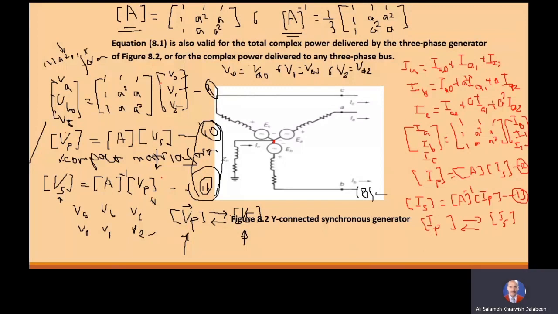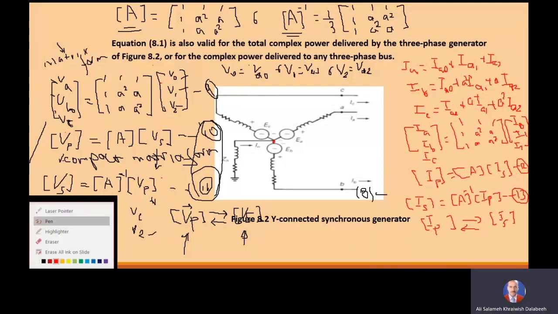This is an important note that I want to explain. So, as a summary in this lecture, we explain how to convert the phase quantities to sequence quantities and how to convert the sequence quantities to phase quantities by using the equations number 10, number 11, and number 12.